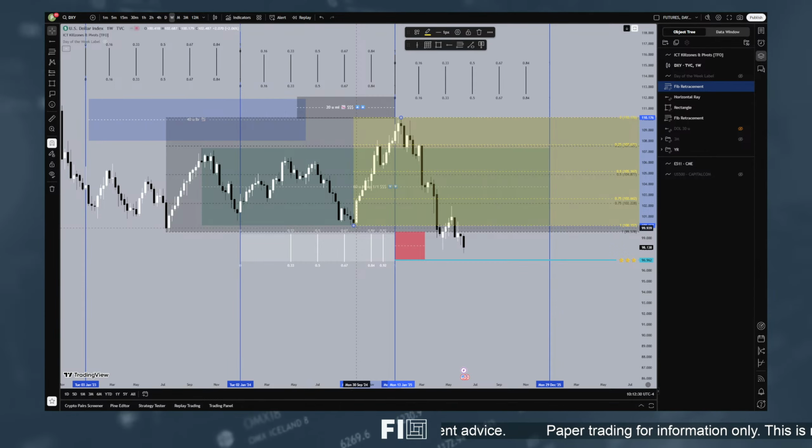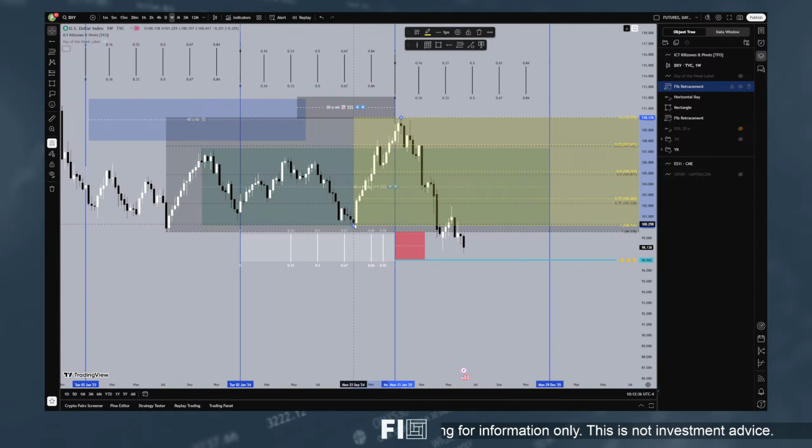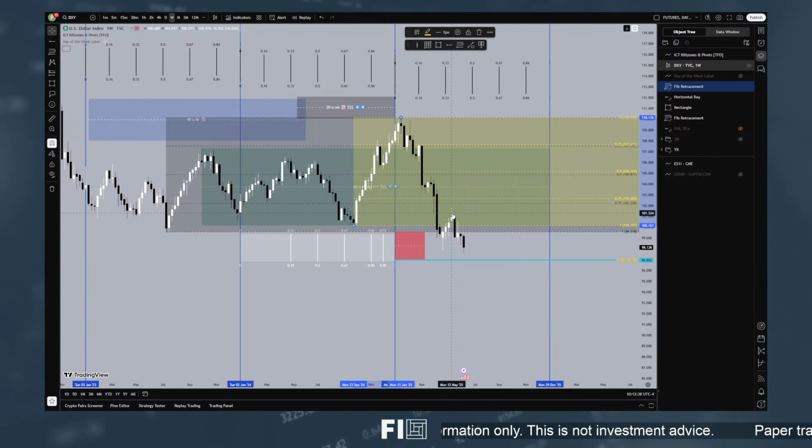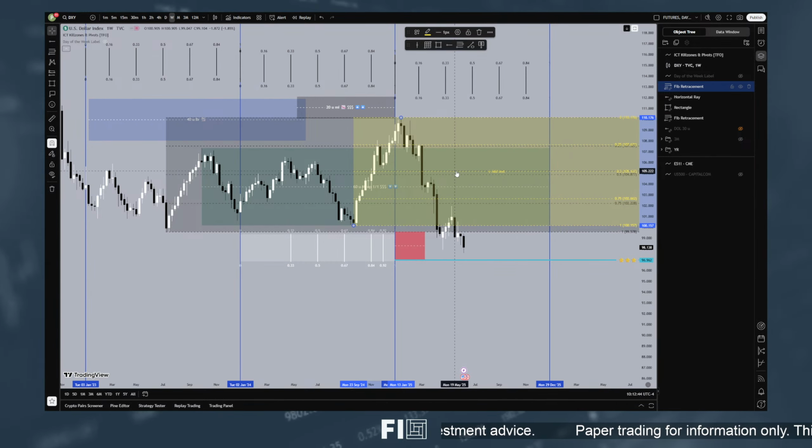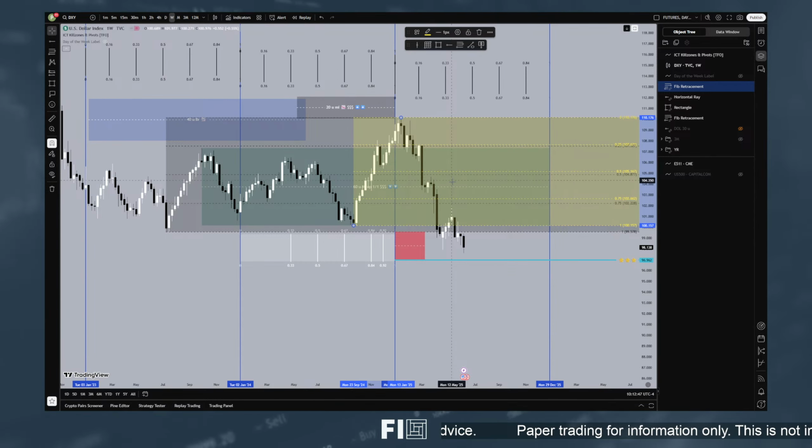The A leg is the inception of the dealing range. Once we came back down and broke the external range liquidity, the A leg, coming back up we should reach the 75% level. In some cases the 50, but that's not required. I prefer it to be up to 75.